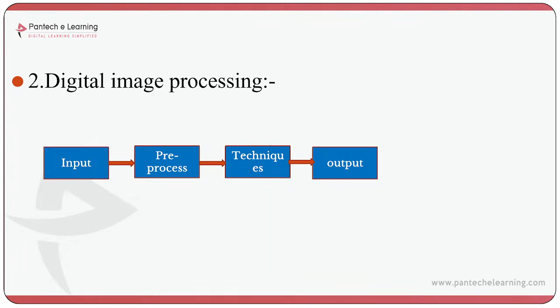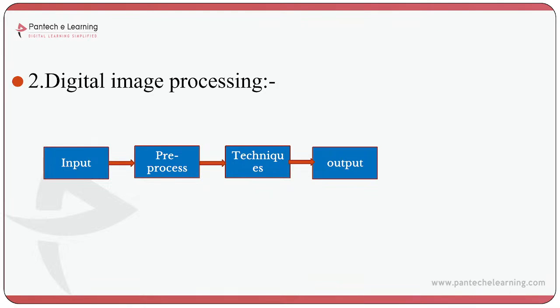These are the pre-processing steps. In image processing, we have different types of techniques: image acquisition and enhancement, segmentation, recognition, restoration, compression, fusion, retrieval, steganography, watermarking and cryptography.